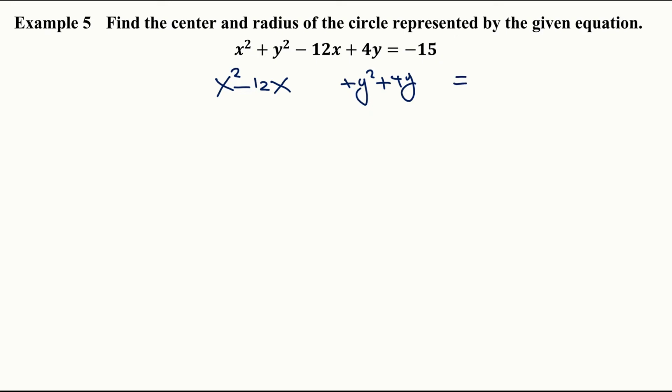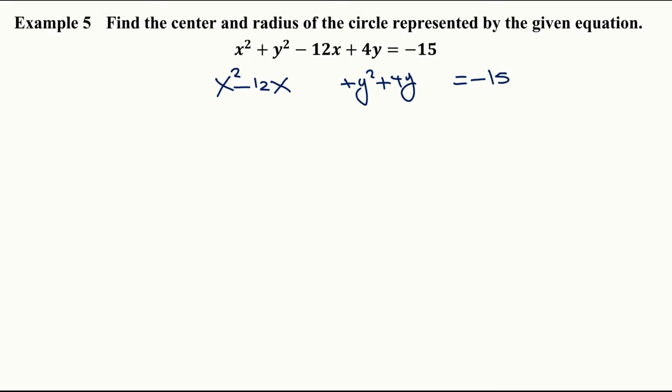Again, we'll leave some space, and we'll have -15 on the other side already. Now this may seem familiar to you. If you recall, we did this with parabolas when we took their quadratic form and turned it from the general form into the vertex form. So it's very similar in procedure to that.